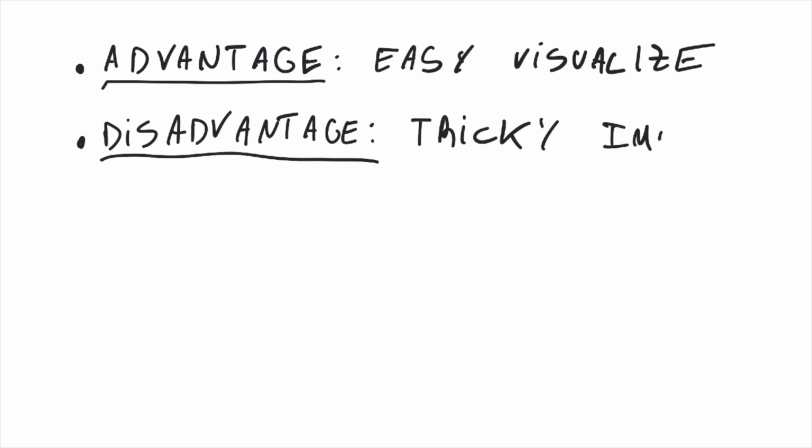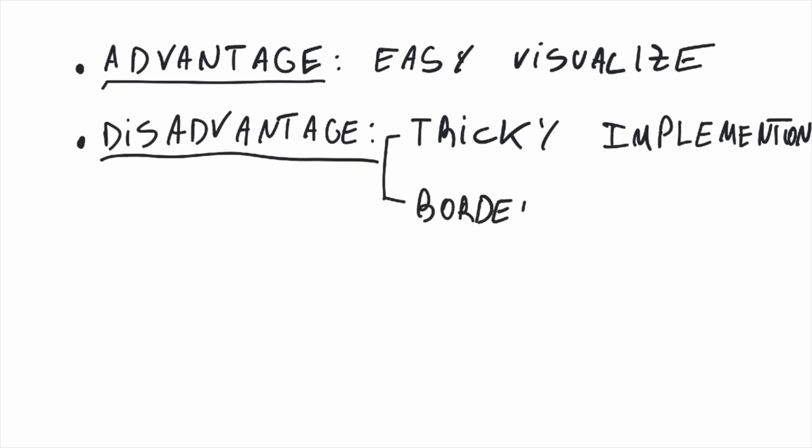So it may have a tricky implementation, in the sense that it can be easy to make mistakes. There's also a lot of possibilities for border cases, right?